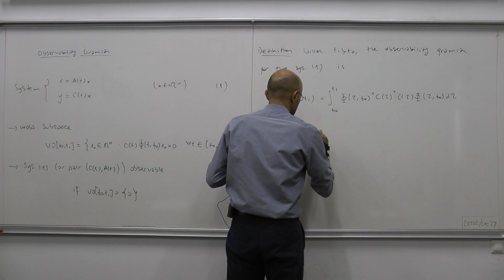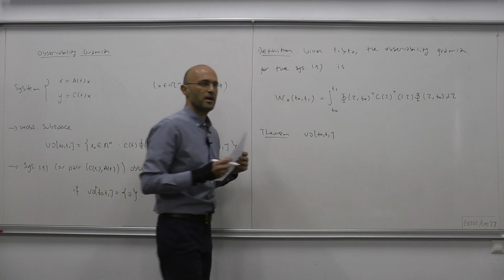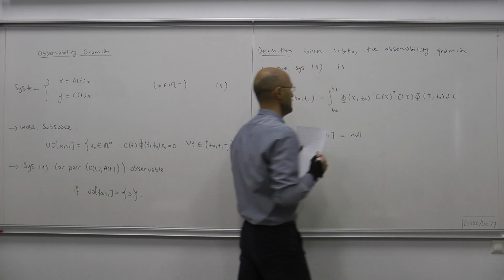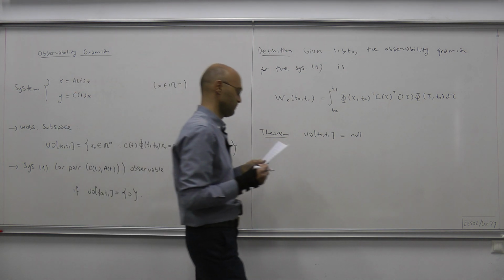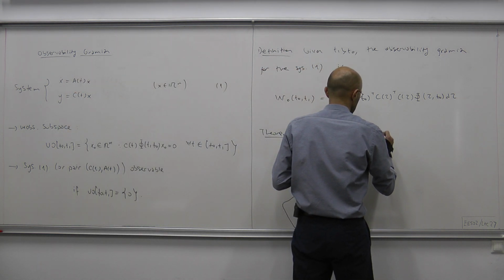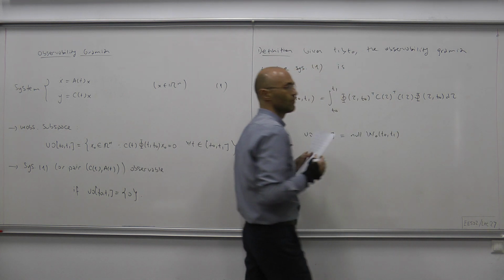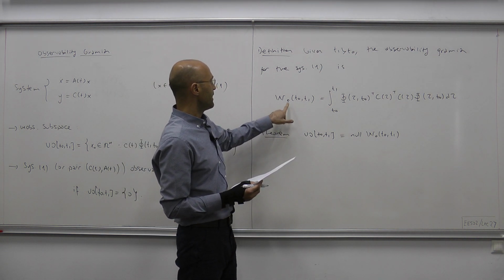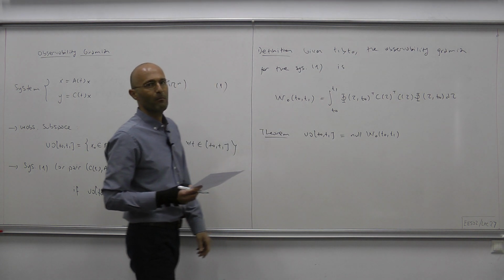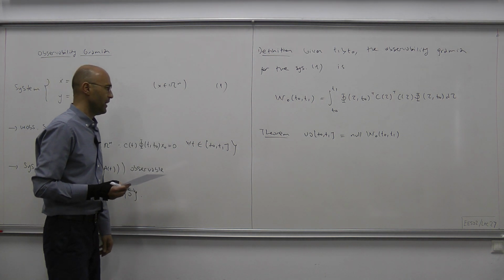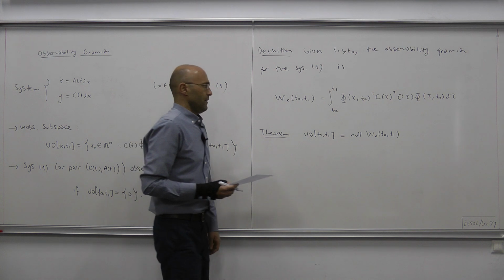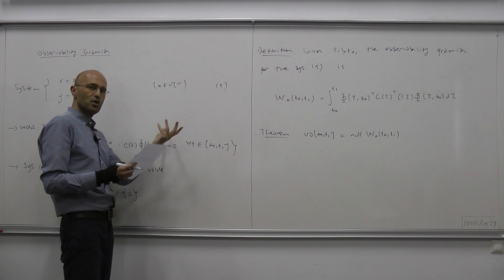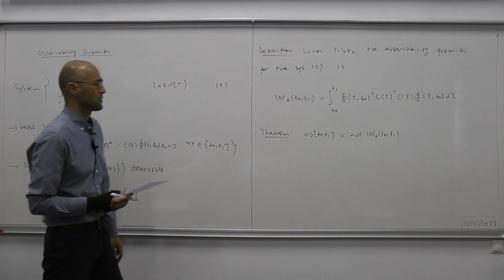The unobservable subspace for a given system and a given interval equals the null space of the observability gradient. It's easy to establish this. All you have to do is multiply the observability gradient from left and right by x0 transpose and x0, and then the integrand can be written as this term here, norm squared, and from there everything follows.